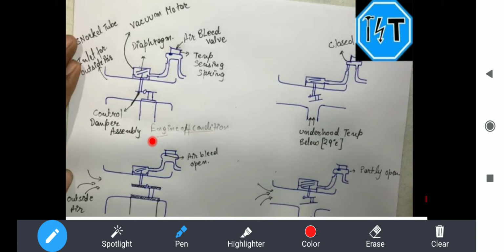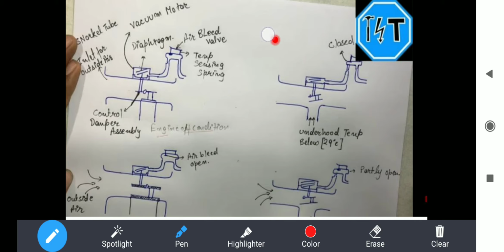Now let us see the four stages, when does it work. The first is under hood temperature below 29 degrees Celsius. Below 29 degrees Celsius means it is a cold condition, in which the engine requires the hot air plus fuel mixture, that is an air and fuel mixture combination to the engine, so that the fuel can burn in maximum percentage.